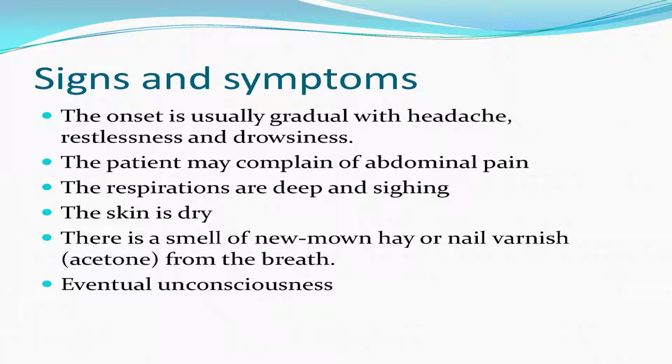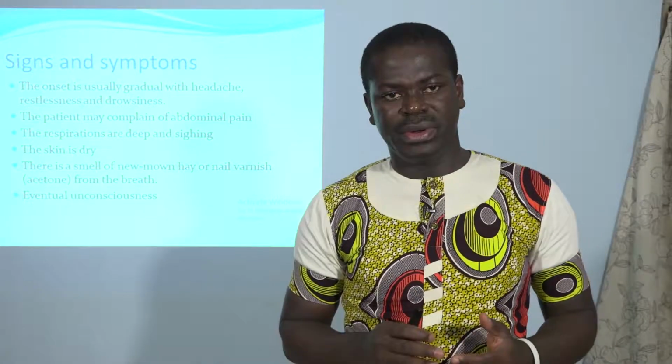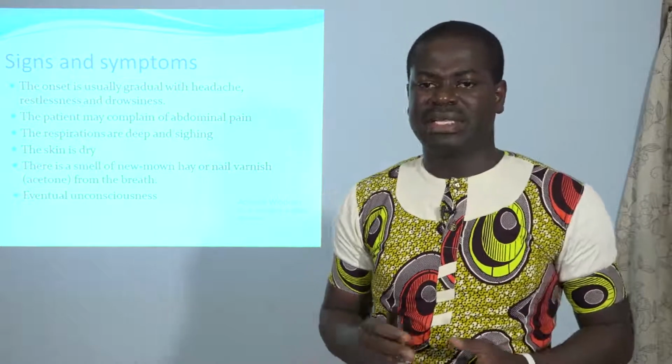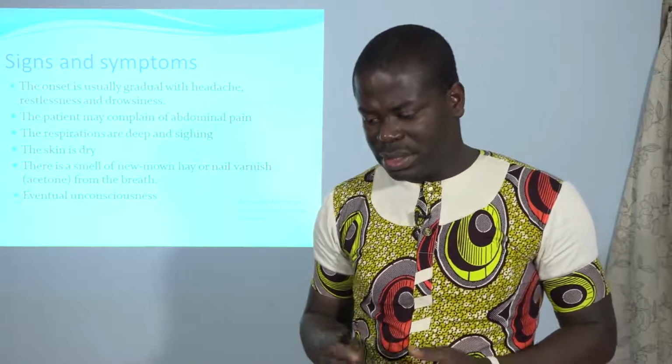The patient may complain of abdominal pain. With the abdominal pain, it presents itself in a very funny way. It is very localized, as if the person is having an ulcer.